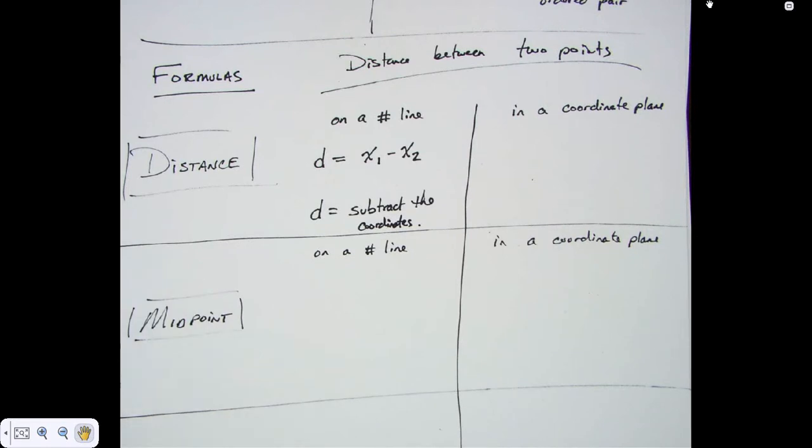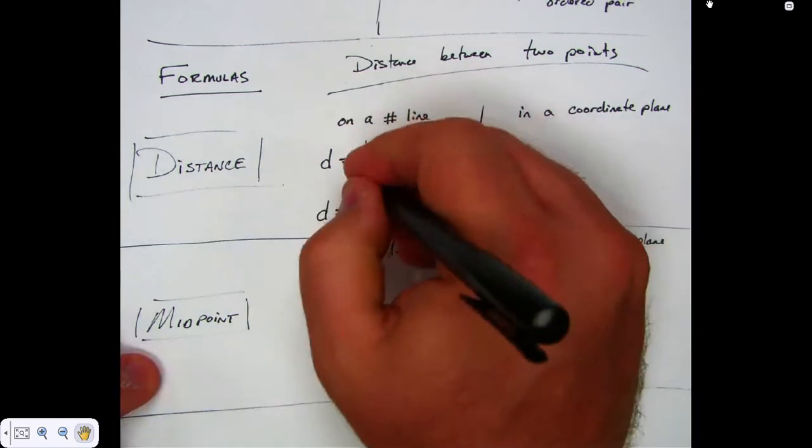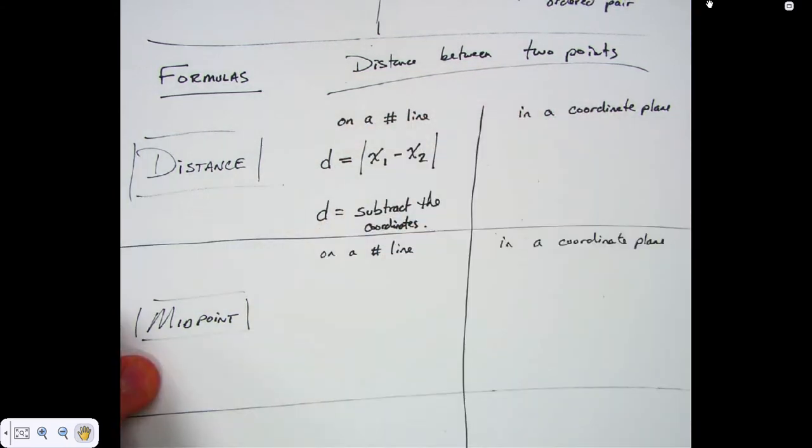What is the distance? How far it is from one to the other, correct? It doesn't matter if it's x2 minus x1 or x1 minus x2, you subtract the coordinate of each one, and then you take the absolute value of it.